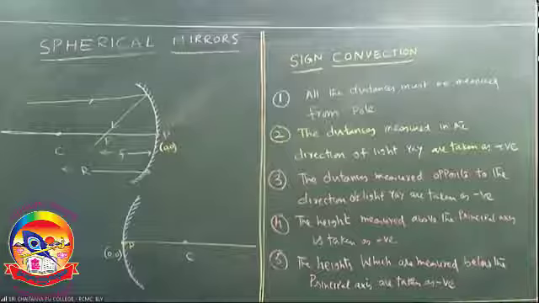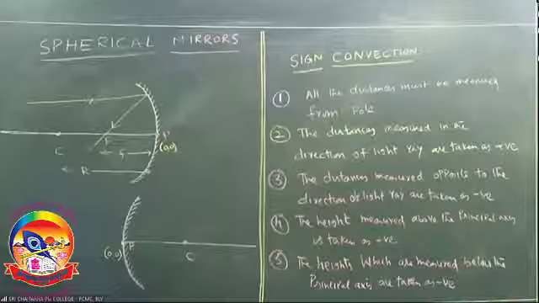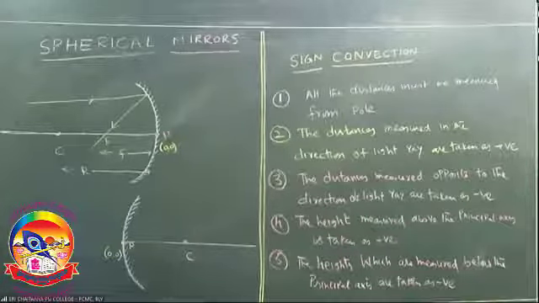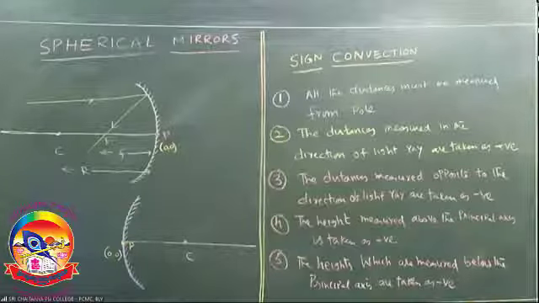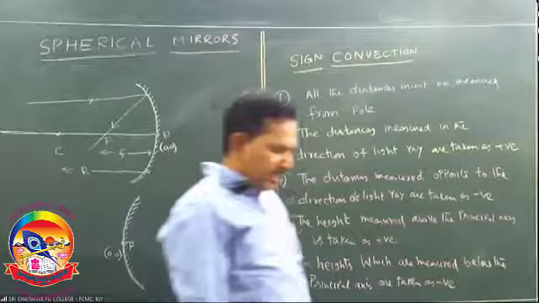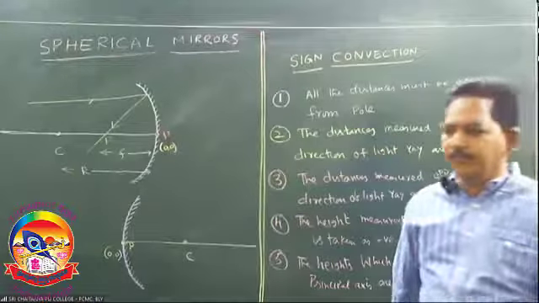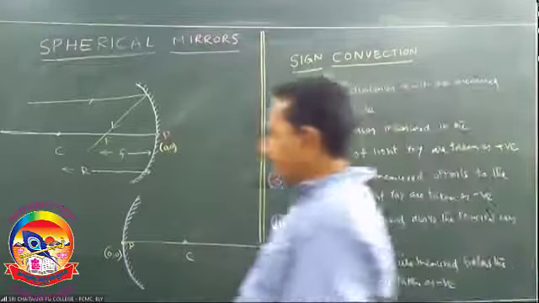Third, the distances measured opposite to the direction of the light ray are taken as negative. The heights measured above the principal axis are taken as positive. The heights measured below the principal axis are taken as negative. Let us come to the diagram itself.